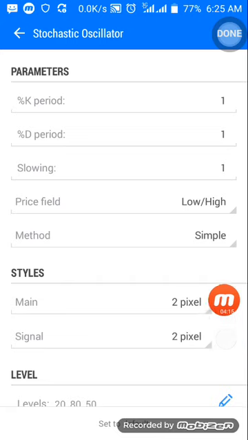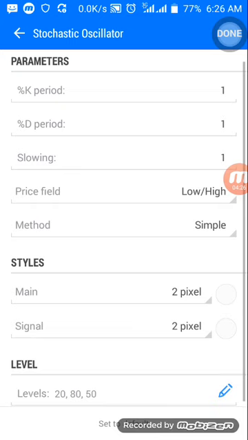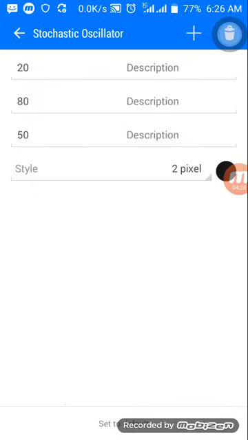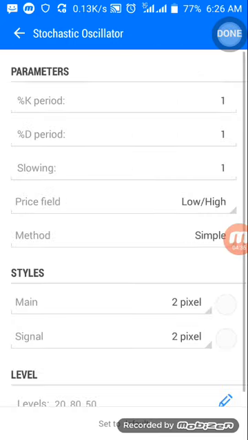We don't want it to show, we just need the levels. We don't want these colors to show, both the main and the signal. You can put them at one pixel, and the color should be your background color. Now the levels: we have the level of 20, the level of 80, and the level of 50. That's very simple. Then you click on done.